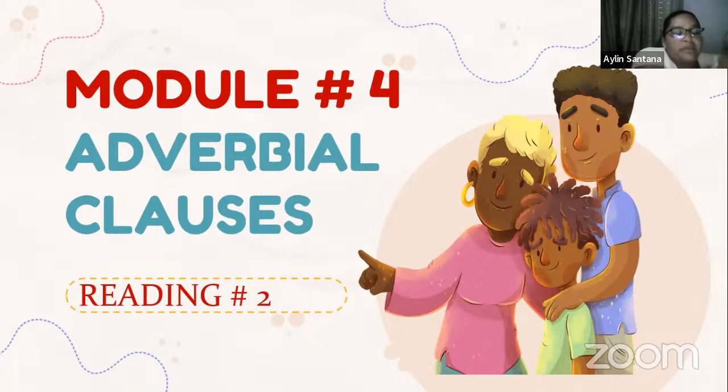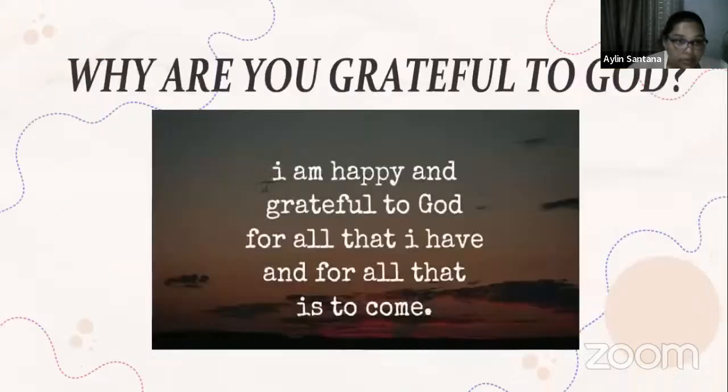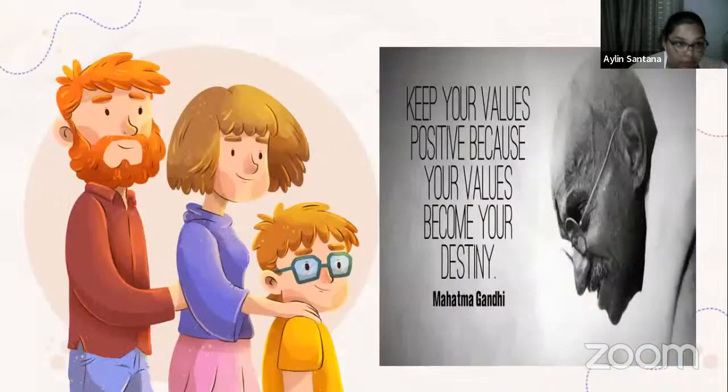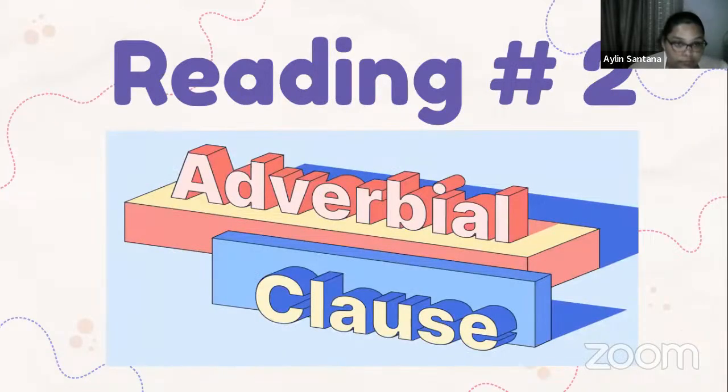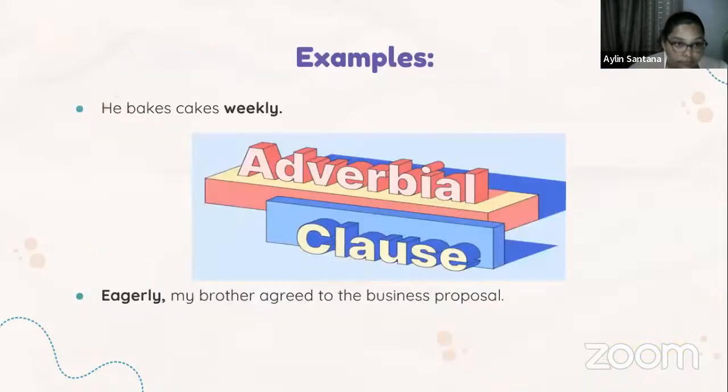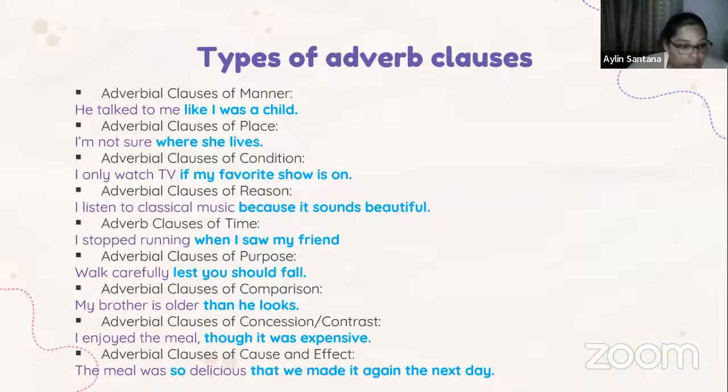They answer when something happens and communicate when the action in a sentence takes place. For example, I stopped running when I saw my friend.